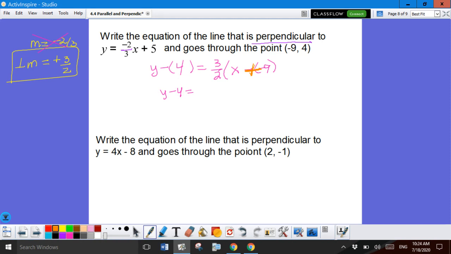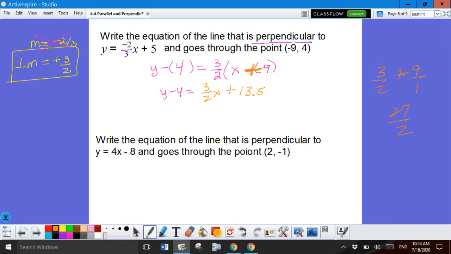So I have 3/2 x plus, and I have 3/2 times 9/1, which is going to give me 27/2. So I know that that is actually 13.5, and decimals are fine.